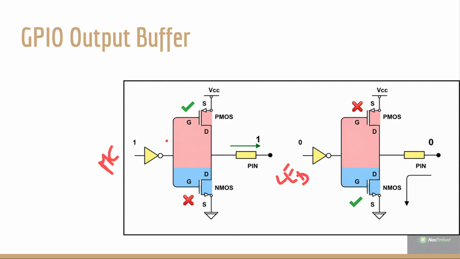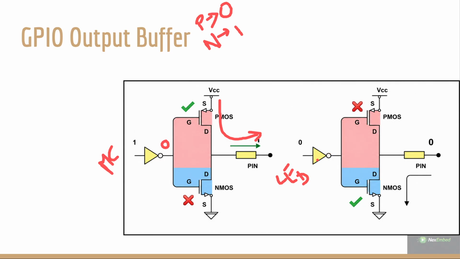It is inverted as 0. As we have seen before, if the value is 0, then my PMOS will be active. If the value is 1, then my NMOS will be active. So with 0, my PMOS is active. The current flows from VCC like this, and then 1 will be given to my LED.